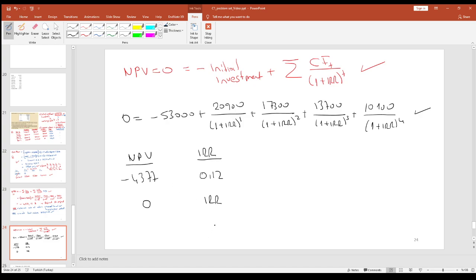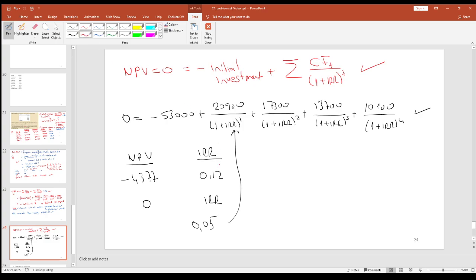So the only thing you need to do, in case of the trial and error method, is find a rate that has a positive net present value. Such as, I don't know, 5%. Now you need to plug 5% here and write the result here.